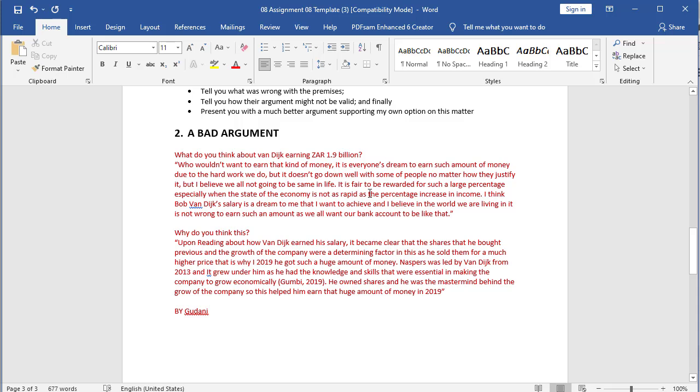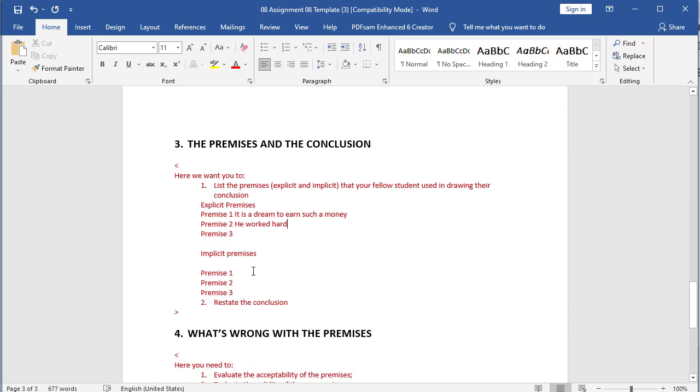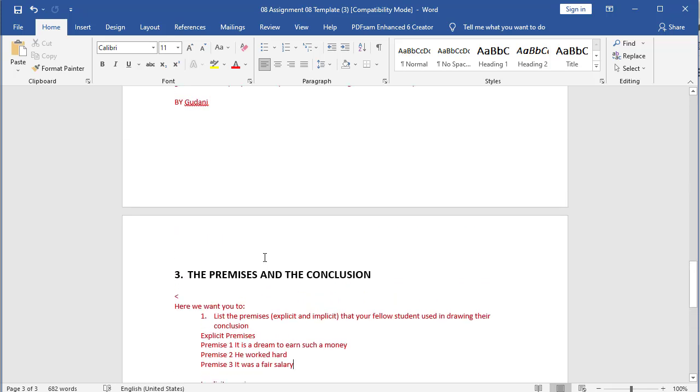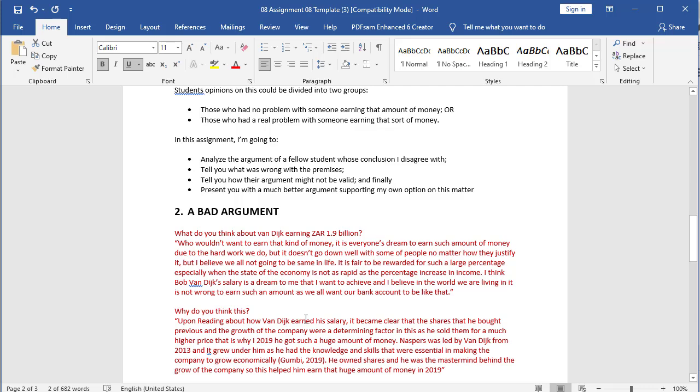From what I'm getting again, it was fair for him to get the salary. Okay, let's say it was a fair salary. These are the premises that I took out, let's say the explicit. What was said explicitly? These are some of them, not all of them.